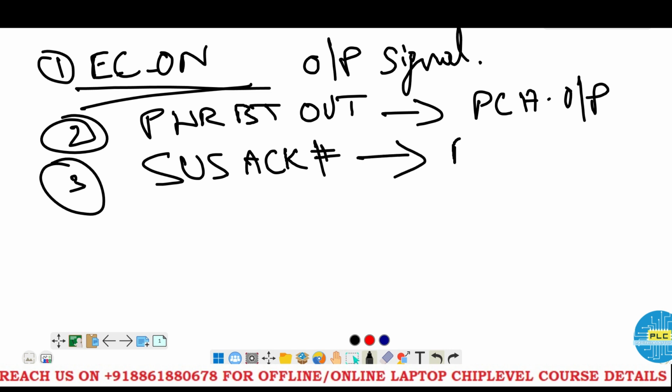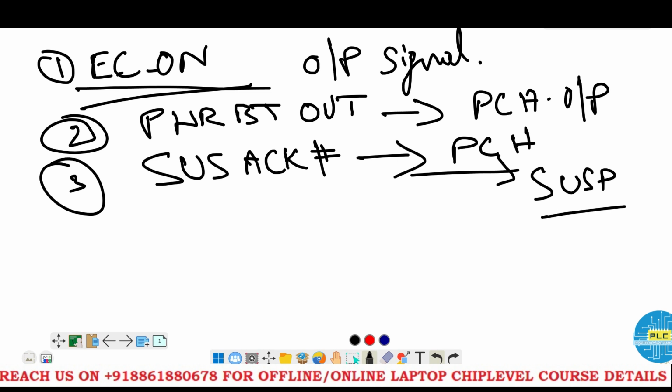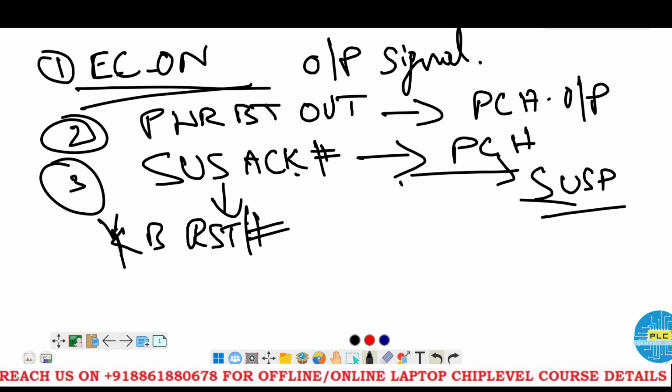This one goes to PCH, asking for the suspend related signals, because here everything is okay, we need suspend related voltage, but before this one more reset should be there, that one called KBRST. If the keyboard is ready, then the KBRST signal will start.